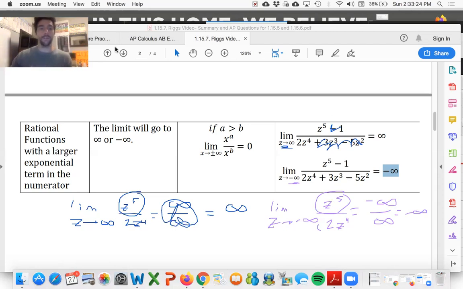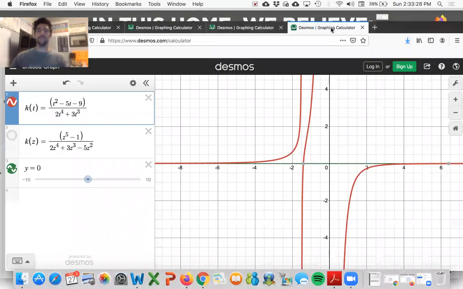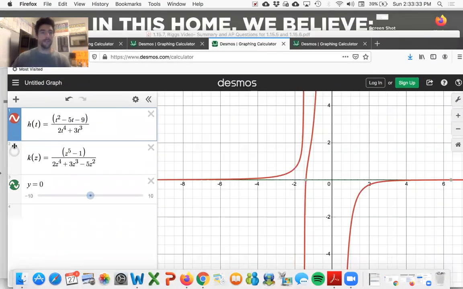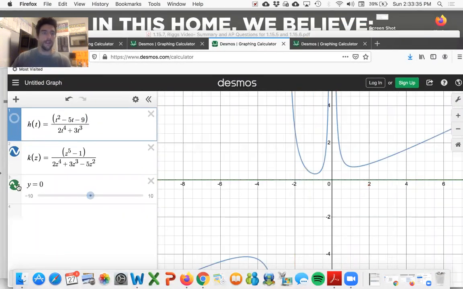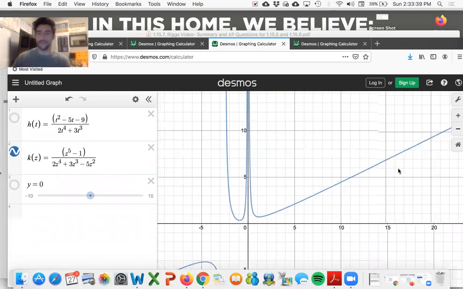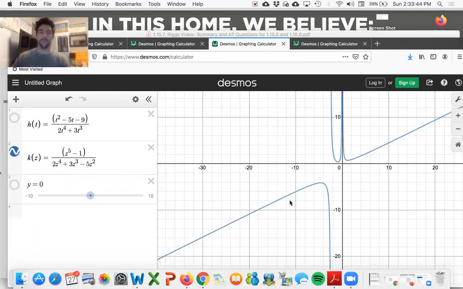And I'll show off this function too, just so you can see it in action. So again, if we look at the Desmos graph here, that is the wrong one. It's this one, yay. If I look at this function right here, as I approach super big positive values, you can see it take off, looking almost like a straight line for a while. And on the flip side, if I approach super big negative values, it goes to negative infinity.